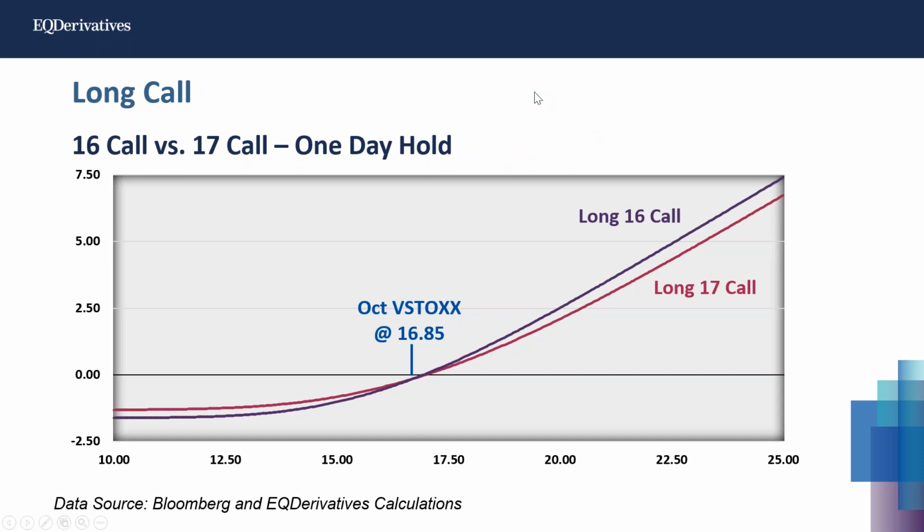And using just a basic Black-Scholes calculator and some conservative assumptions, here's how this trade would have worked out based on a one-day hold. And keep in mind that October 1st, again, was before an announcement that may have had an impact on, it did have an impact on VSTOXX 50.